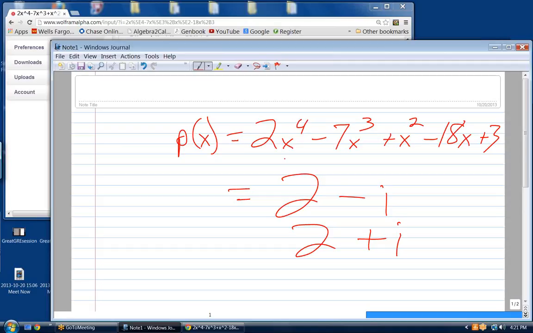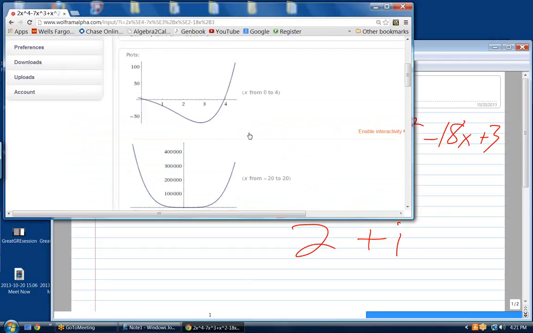So I know there's 4 solutions, and if I look at that graph that Wolfram Alpha gave me, the only solutions that cross the x-axis are real solutions. Complex solutions don't have zeros on the x-axis.